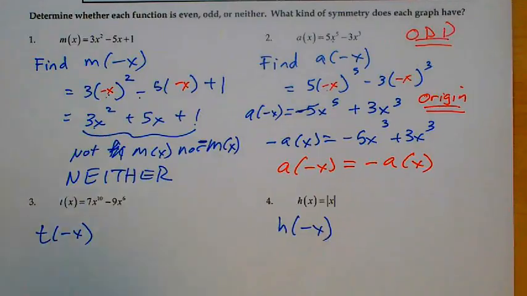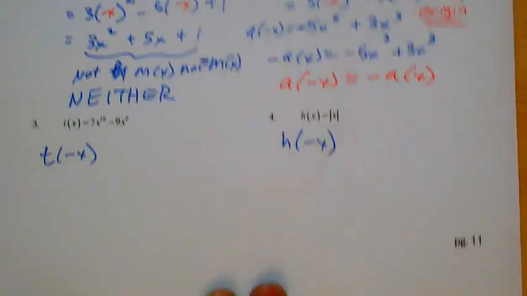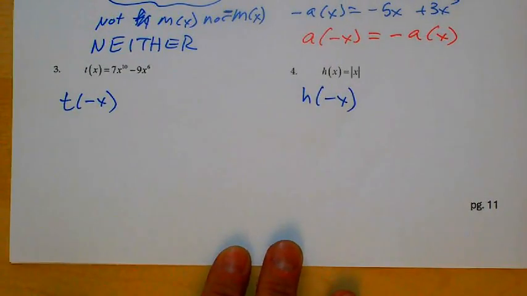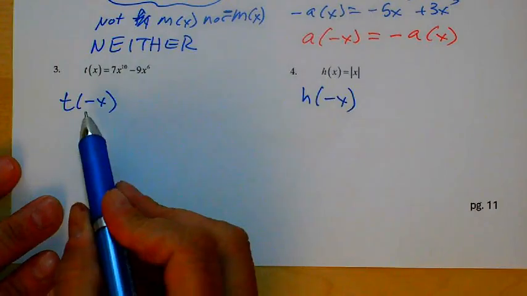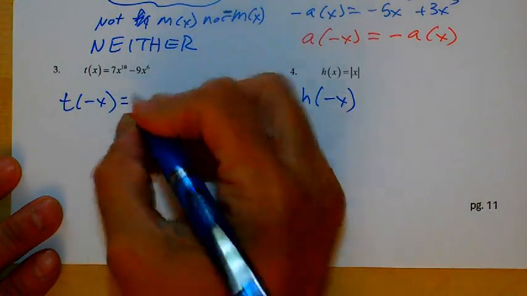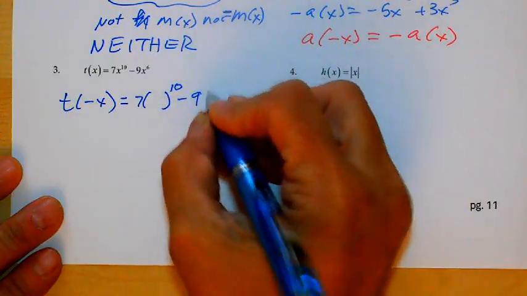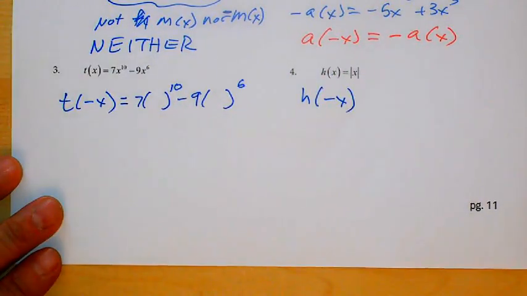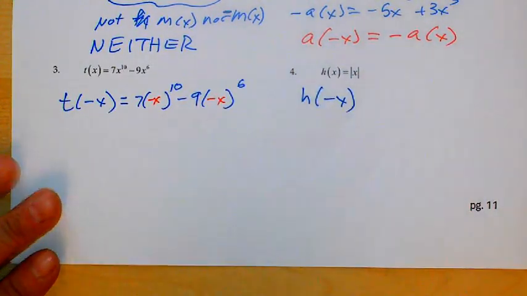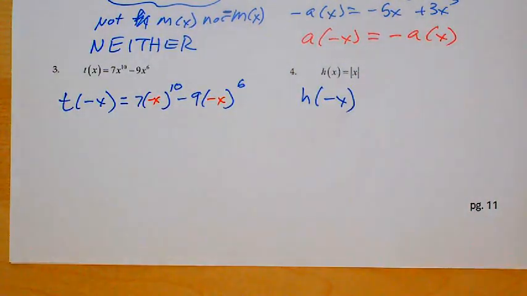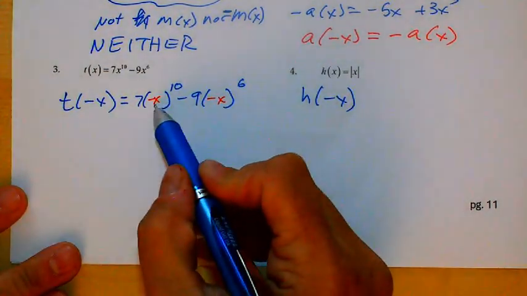Okay, let's try this test out a couple more times and just make sure we are settled with it here. Something like number 3, t of negative x. Okay, we're getting to be pros at this, I hope. We set up the template for the function. Here's our negative x. And following the order of operations, what I would do first is raise negative x to the power of 10.